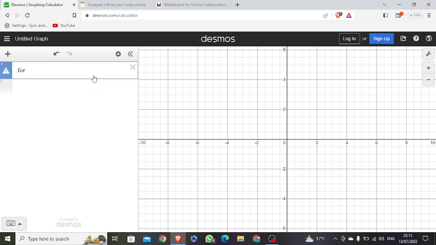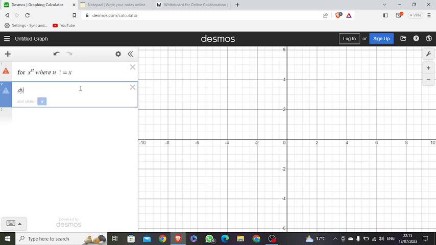For x to the power n, where n is not equal to 0, we can just differentiate it like this: dy over dx equals n x to the power n minus 1. And what if there's a coefficient?